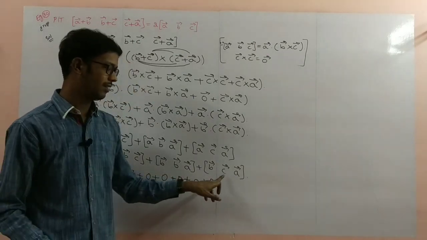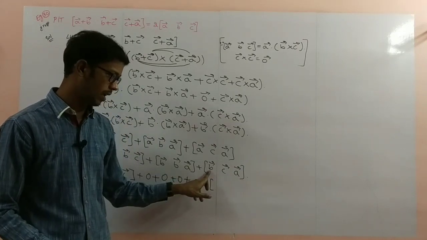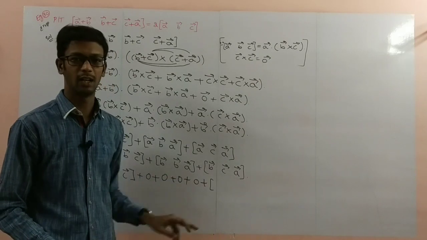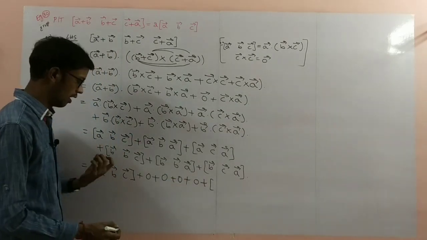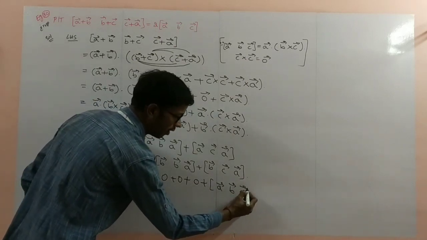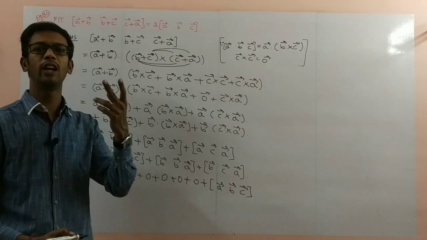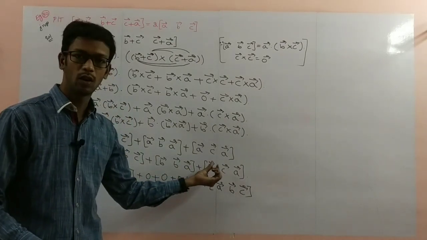This one, write as a 3-place interchange: A bar first place, B bar second place, C bar third place. If you interchange all places, there is no change in the value: A bar, B bar, C bar. If you change only 2 values, you will get a negative outside, but we are changing a total of 3 values.